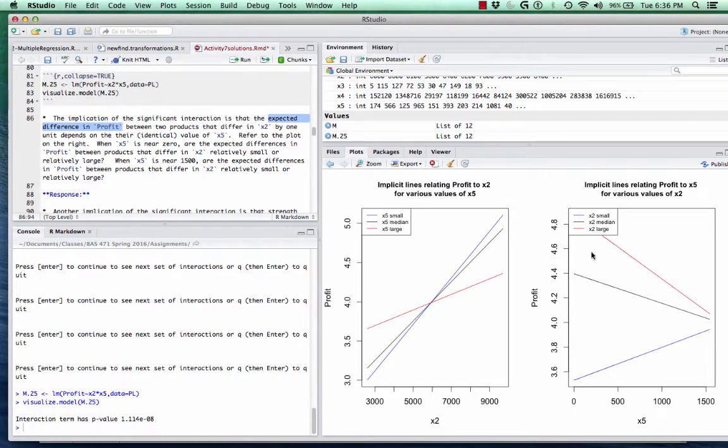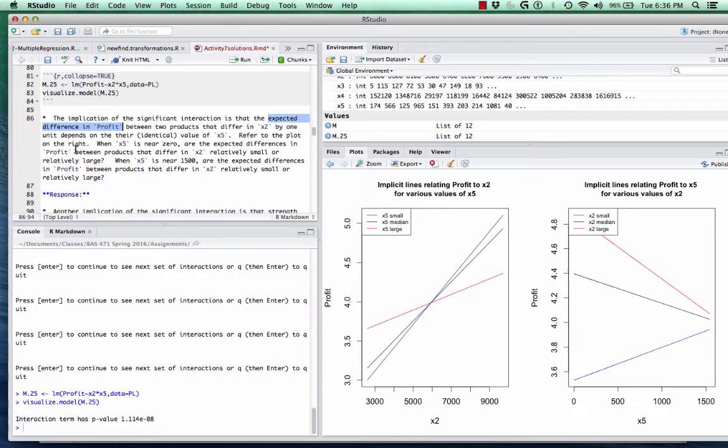So let's refer to the plot on the right. We'll notice that when x5 is very close to 0, we see that the difference in the profits, depending on the value of x2, is really quite large. We see that there's a very large spread between the blue and the red line here, indicating that the difference in profits when we compare otherwise identical individuals, say with values of x5 equal to 0, is really quite large here.